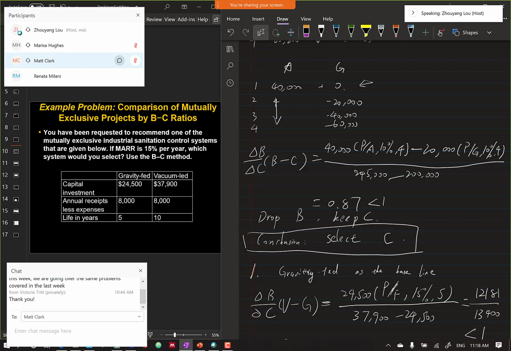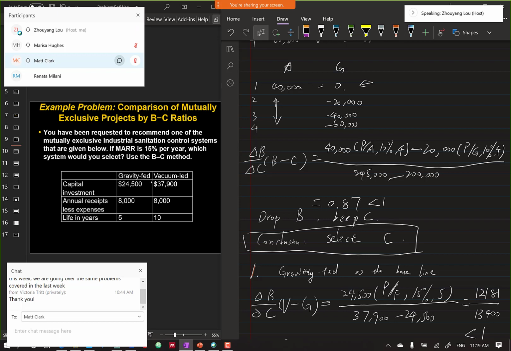But the bad thing is, if you do it that way, and you still consider this extra investment as another cost saved, then you will get the numerator as 0, and there's no way to compare because the ratio will be just 0. And I will say why we still want to count that as the benefit.